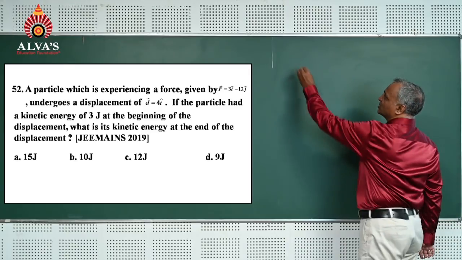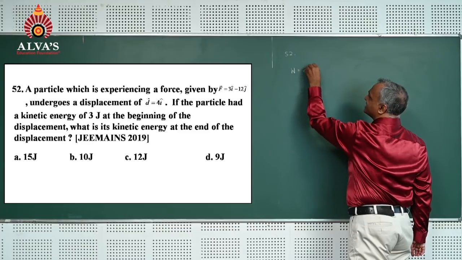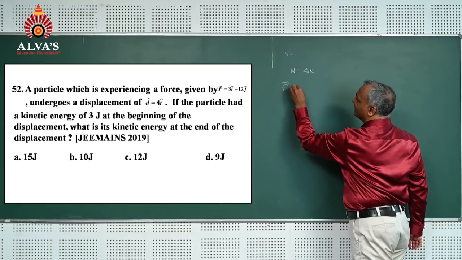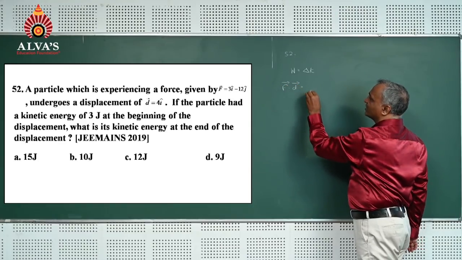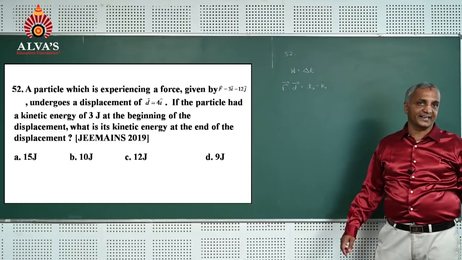So once again, question number 52 is also work done is equal to change in the kinetic energy. And work done is nothing but F dot d, and this is equal to change in the kinetic energy, K2 minus K1, I can write.